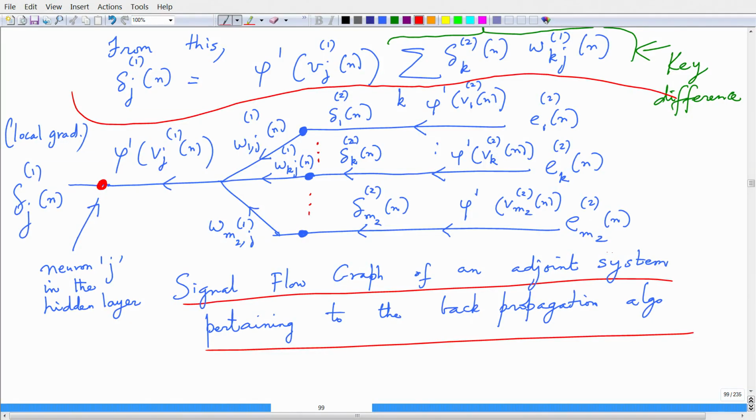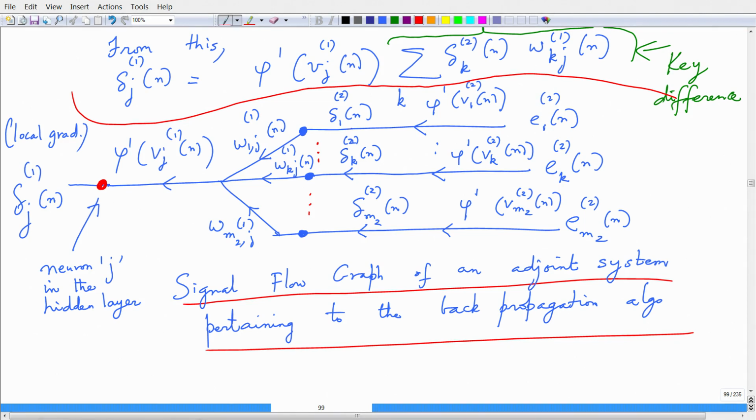Now, from this equation we can finally sketch the signal flow graph of an adjoint system pertaining to the backpropagation algorithm. So, we have all these errors E1 of n, E2 of n, and so on till E m suffix 2 of n. This is in the output layer, where we take the derivative of the activation function as a function of the local induced fields V1 to Vm2.